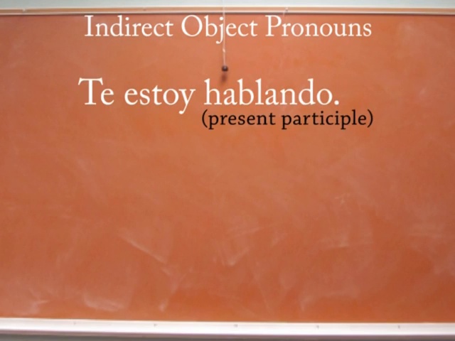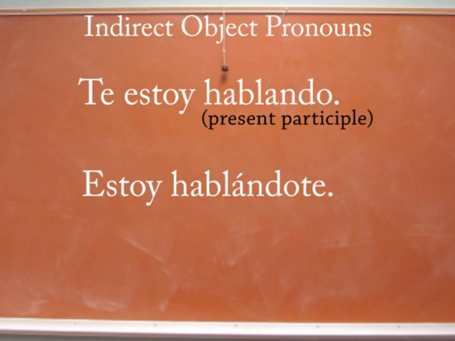In the case of the present participle, which in English is the ing form of the verb, you have to add an accent mark to maintain the original pronunciation. For example, in front of the conjugated verb, te estoy hablando, attaching to the present participle, writing the accent, estoy hablándote.